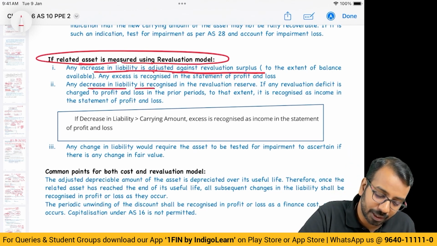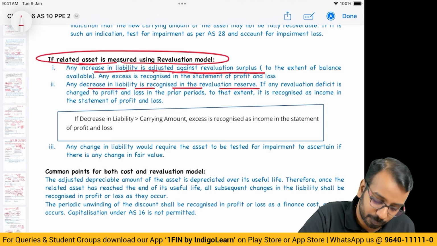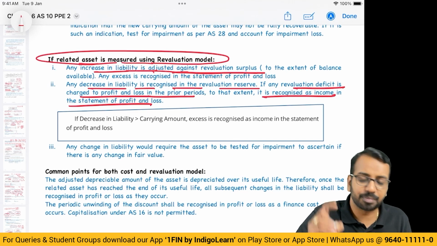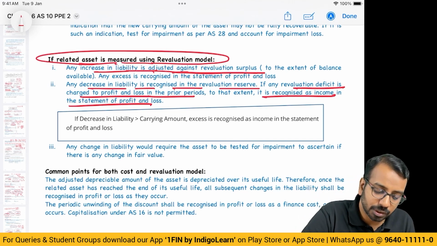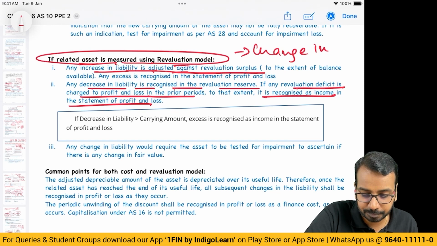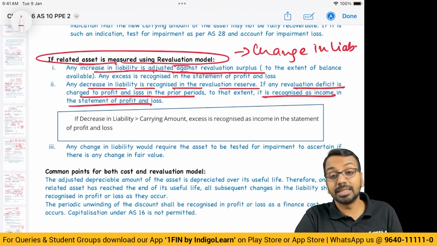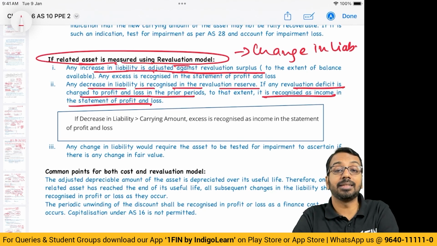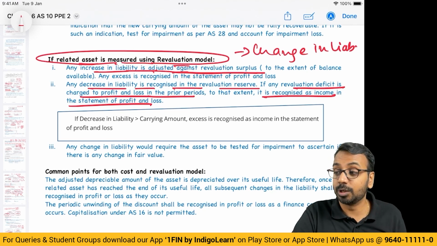Any decrease in liability is recognized in revaluation surplus, or if revaluation was charged to P&L in an earlier period, it is recognized as income. Simply put, if you are using the revaluation model, change in liability, basically think of it as a treatment or an adjustment of revaluation surplus.